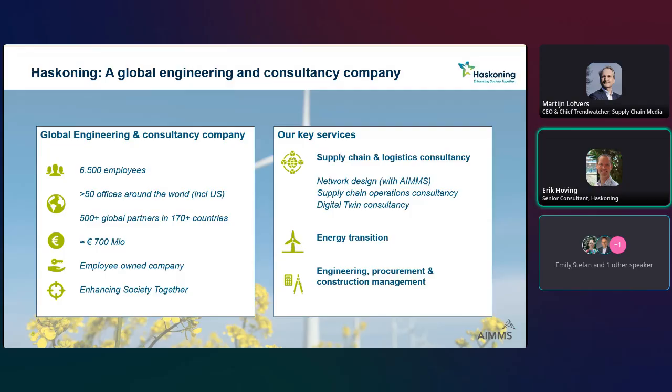And we are already a partner with AIMMS for over 12 years. So a lot of expertise in network design. And since the introduction of SC Navigator, we are also actively trying to support customers in their journey to be self-sufficient, so that they don't have to rely on us to execute projects, but that they can do it themselves. And we try to enable them. And that's also what I will tell you in the next couple of slides.